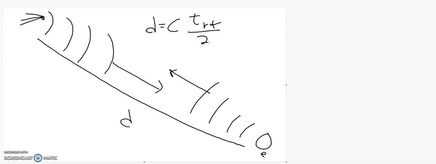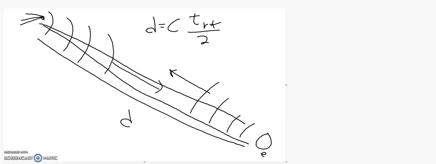Why divided by 2? Because it takes time to get to the comet and then time to come back. That would give us twice the distance, and we don't want twice the distance. We want to know what the distance to the comet is.